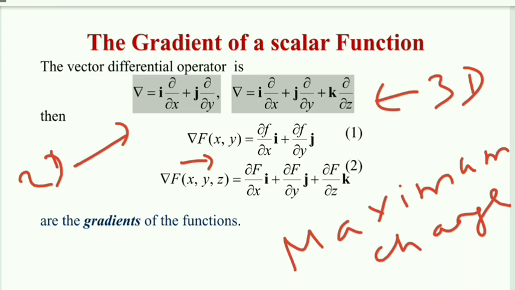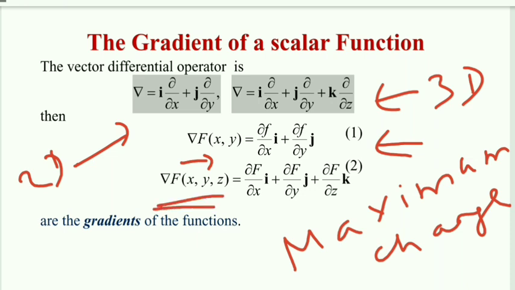If I go for 3D, then del of f of x, y, z is dou f by dou x i, plus dou f by dou y j, plus dou f by dou z k. All these result in a vector because the result has unit vectors i, j, k.